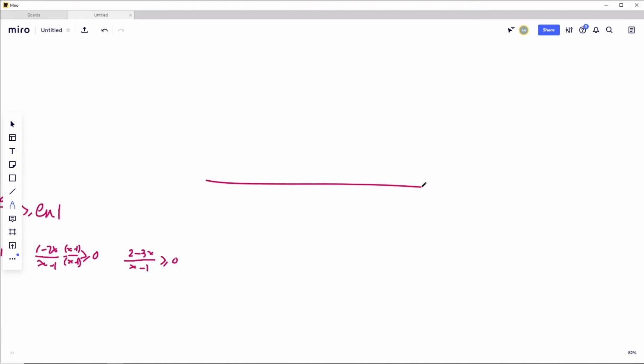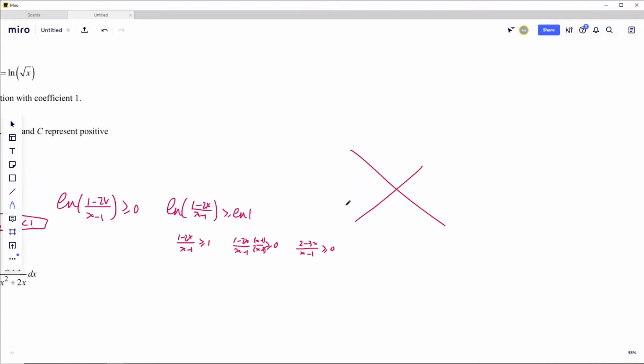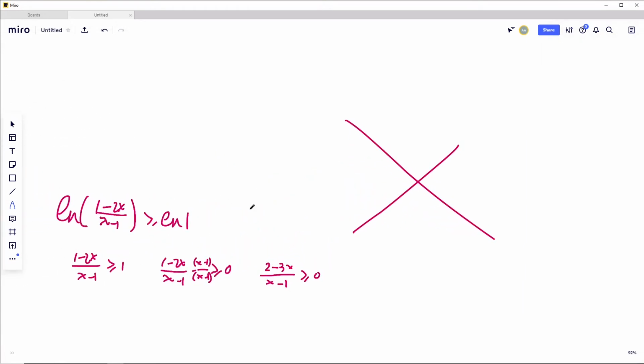You can do this again quickly just to discover whether it's between or not. To be honest, at this point you have a negatively sloping line and a positively sloping line. I don't care how their slopes are oriented. If you try finding the points, 3x equals 0, x equals, take that to the other side, divide by 2, so 2 over 3, and x equals 1.